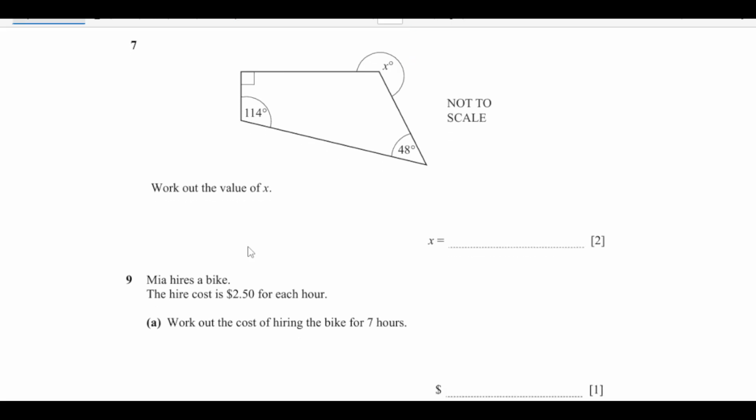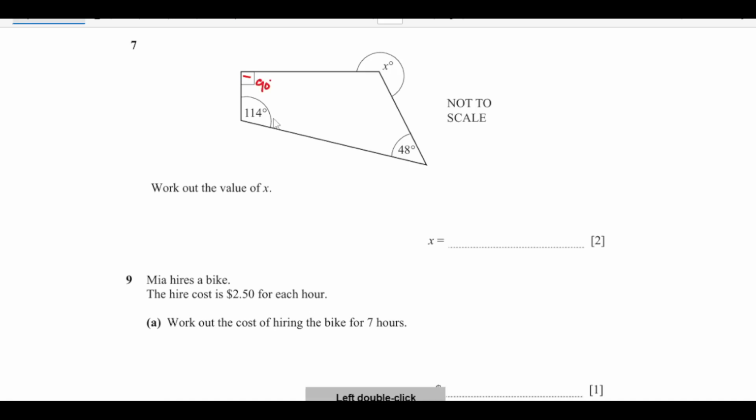Now number 7, work out the value of x. x is a reflex angle on the other side. So how will we find out? See, this angle is given to us. This is a quadrilateral. A quadrilateral is a shape having 4 sides. So this is 90, right?